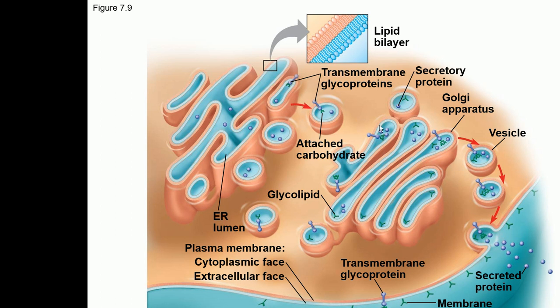This is a vesicle with glycolipid as well as glycoprotein. And you can see how this vesicle is moving towards the plasma membrane, and this vesicle is actually becoming part of the plasma membrane. And this is the way glycolipids and glycoproteins are embedded in the plasma membrane.